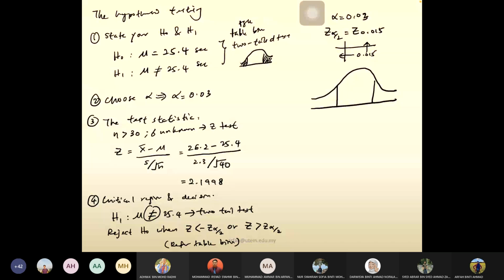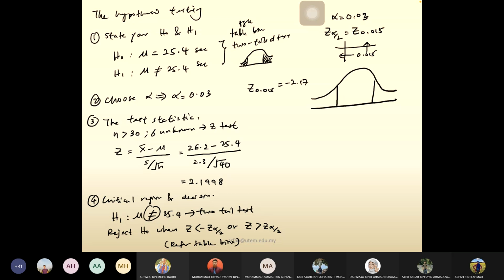So tengok dekat dalam table of standard normal distribution, Z 0.015 equal to what? Negative 2.17. Betul. Negative 2.17.